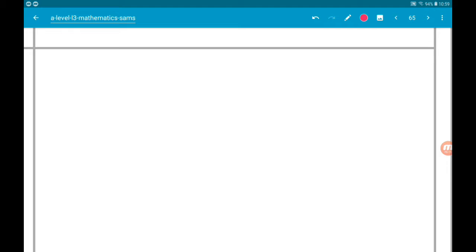So for this one, let's say our two consecutive numbers are n and n plus 1. Then we have n squared and n add 1 squared. Now, n add 1 squared is n squared add 2n add 1.